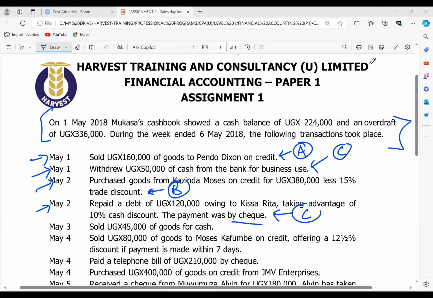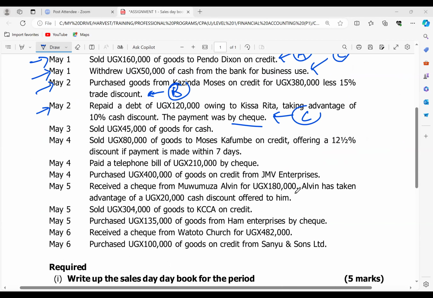Finally, we go to Patience Enid. Unmute, and read for us 3rd of May. Okay, 3rd of May, sold 45,000 Ugandan shillings of goods for cash.